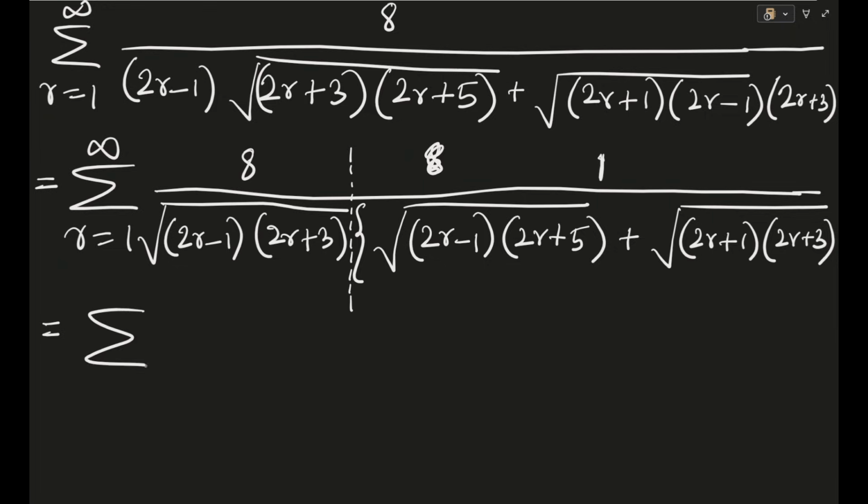So sigma r equals 1 to infinity. Now the real magic will happen, and that is basically 8 by root 2r minus 1 into 2r plus 3.